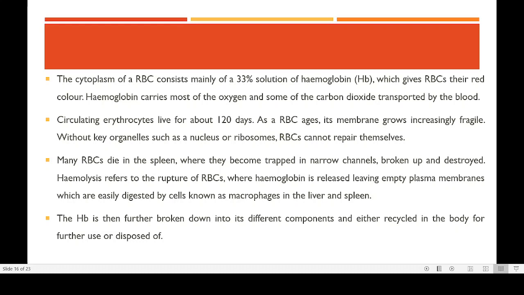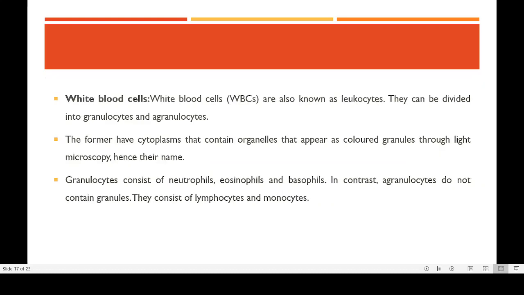Inside the spleen, this RBC will be destroyed. It is further broken down into different components and recycled in the body, and what cannot be used will be excreted from the body.